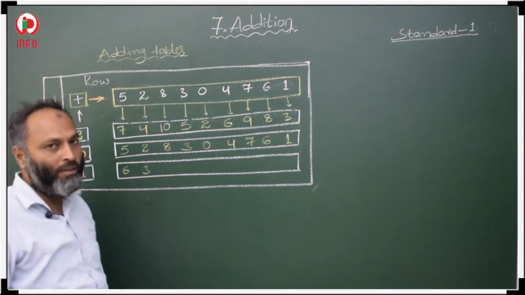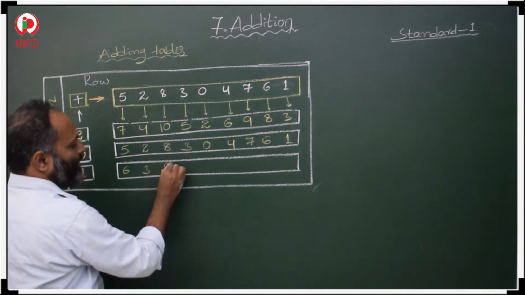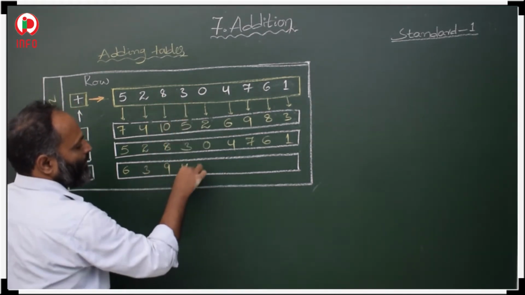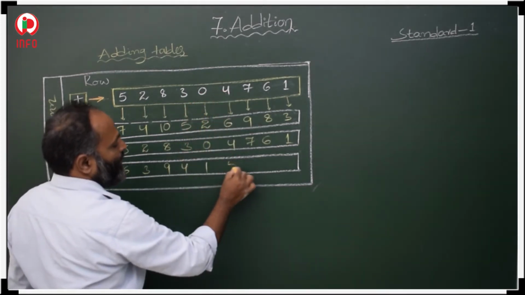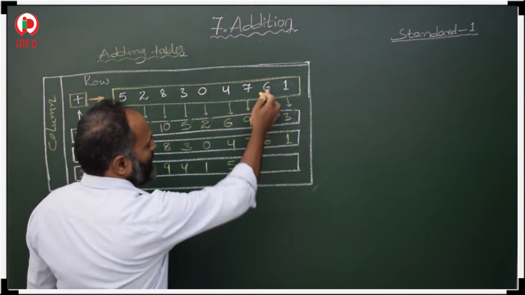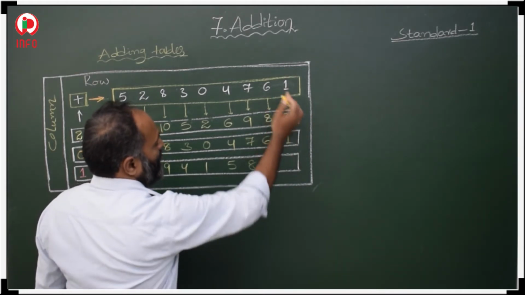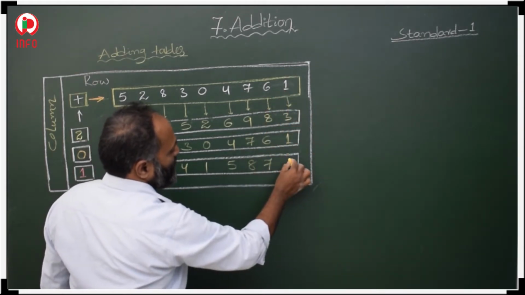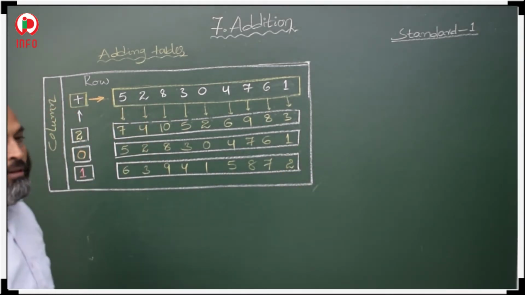When we add with 1, the very next number will come. 8, very next number 9. 3, very next number 4. 0, after 0 comes 1. 4, after 4 comes 5. 7, after 7 comes 8. 6, after 6 comes 7. 1, after 1 comes 2. So like this we have to add.